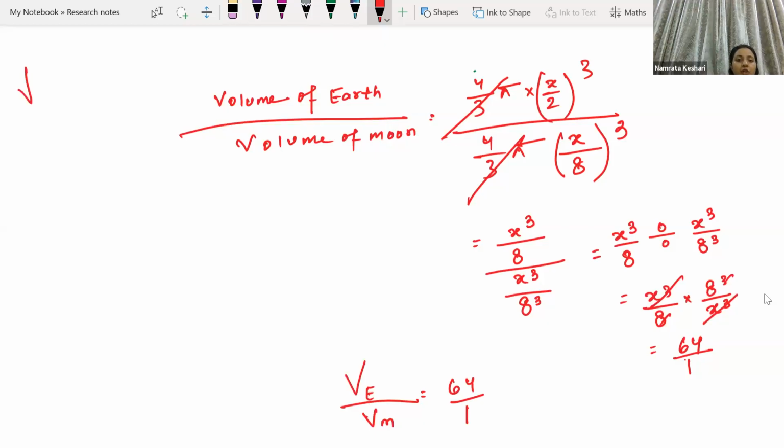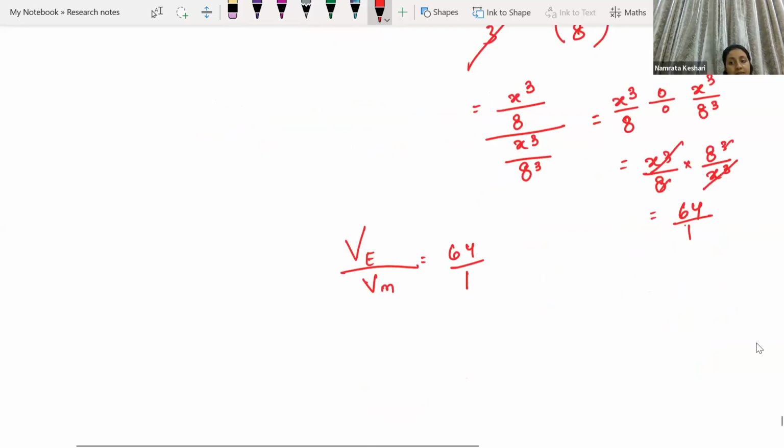If you find volume of Moon by volume of Earth in the same question, you will get 1 by 64. Anyway, let's get back to the question. This ratio we don't have to find.